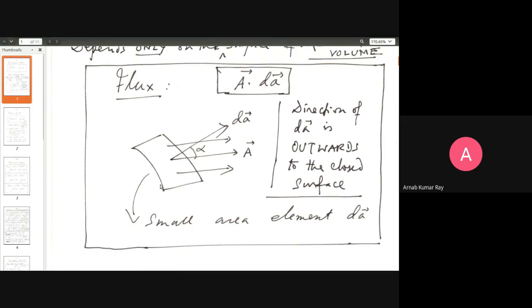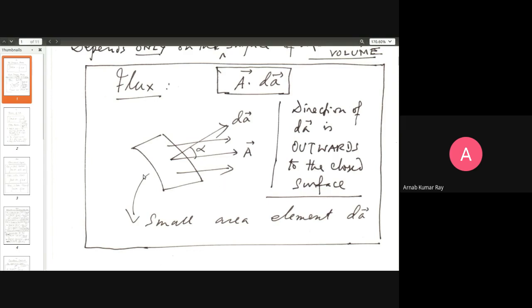Here is a small area element dA. Through this area element, the vector lines of capital A are piercing outwards. The direction of dA is outwards to the closed surface, as I have mentioned to you.